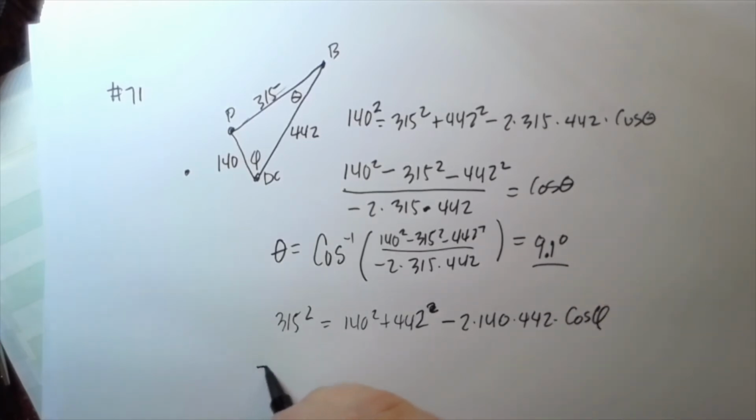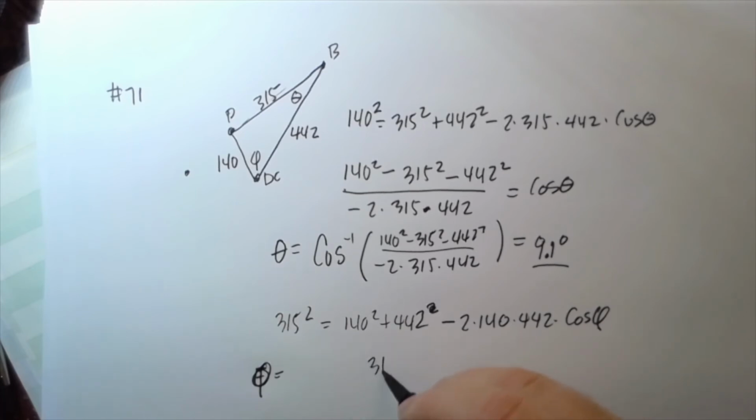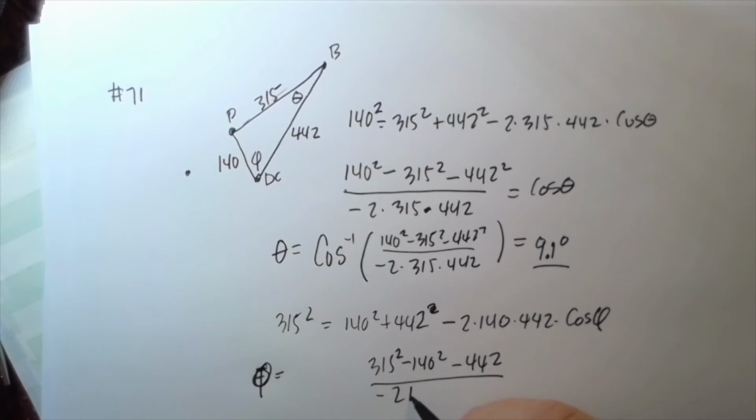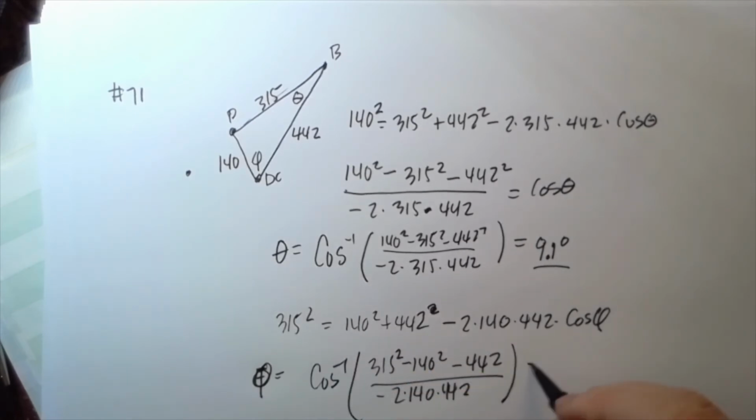So if I solve this for phi, this would be subtract these over, divide by that. Take the cosine inverse of all that, and then figure out what this is.